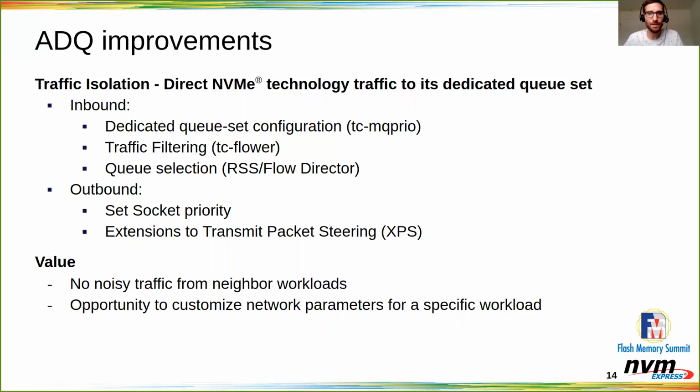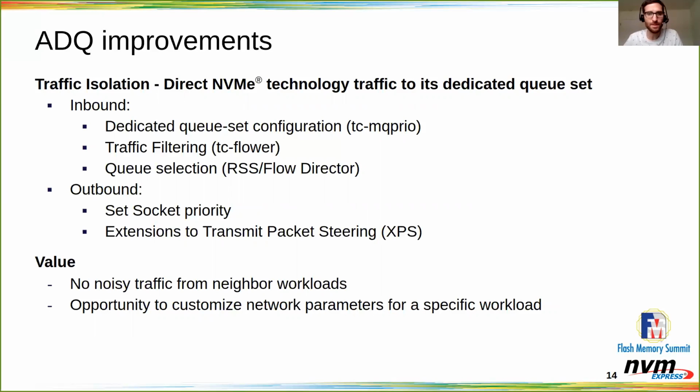So inbound, the configuration is to define the queue set configuration, apply TC flower filtering, and then add a queue selection through RSS or flow director.